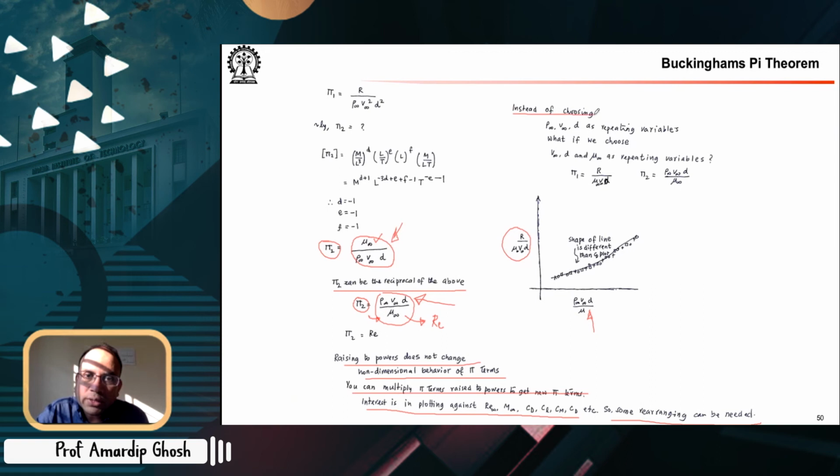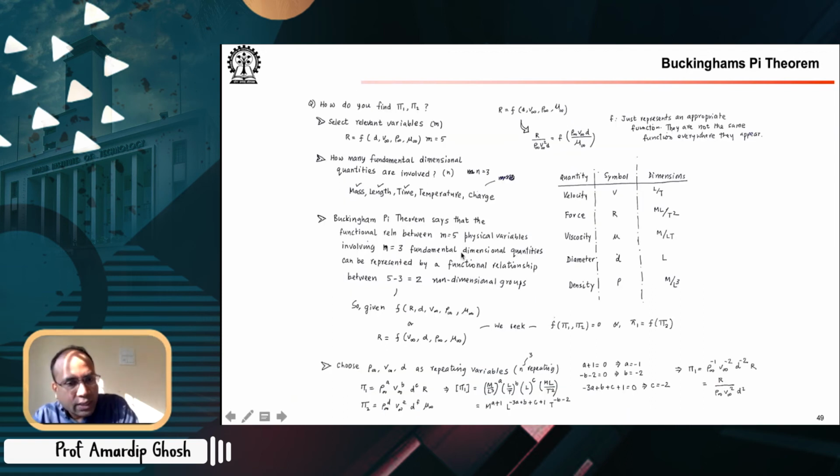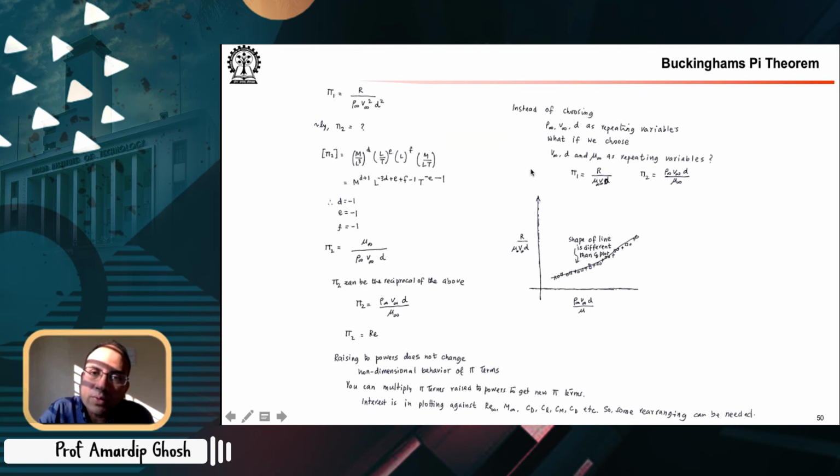Now, instead of choosing rho infinity, V infinity, and D as repeating variables, so you see that in this case we have chosen rho infinity, V infinity, and D as the repeating variables. I'm saying, what if we do not choose them, and choose, say, V, D, and mu as the repeating variables?